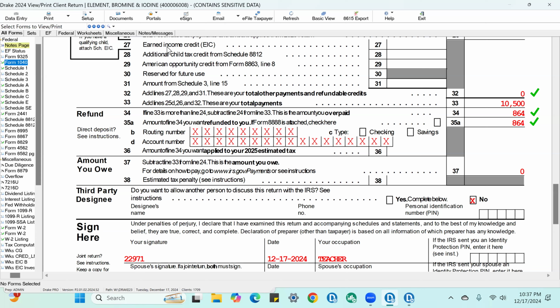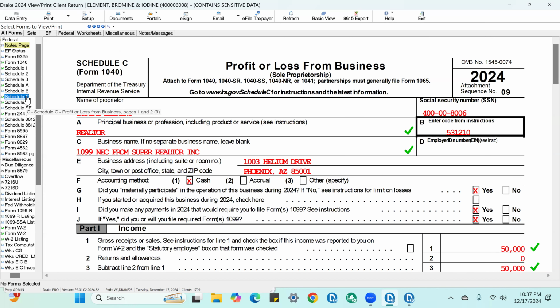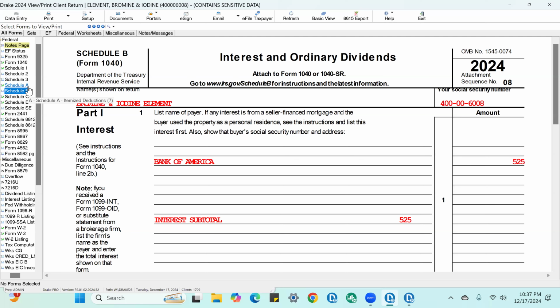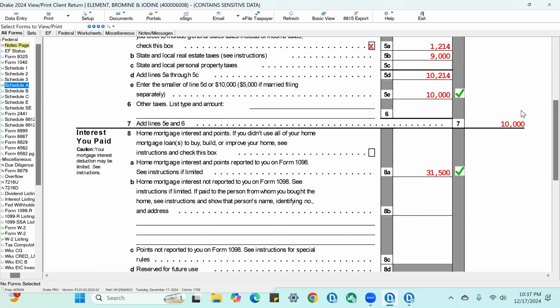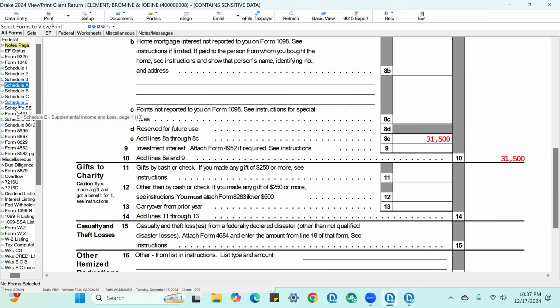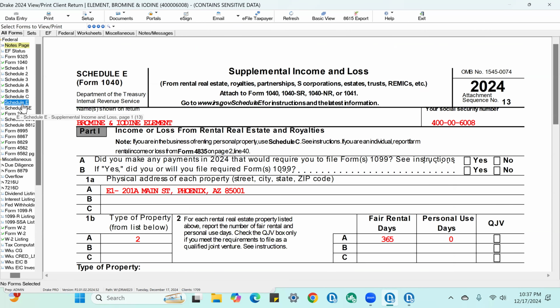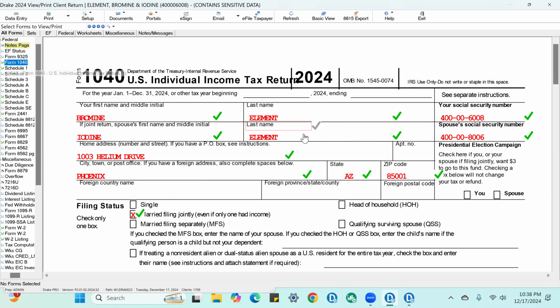So now we are reviewing Schedule C, Schedule B, Schedule A is a private home, Schedule E. All we're missing is Schedule D. It's A, B, C, E. So if you know how to do this one, a lot of the individual tax returns, you know how to do it.